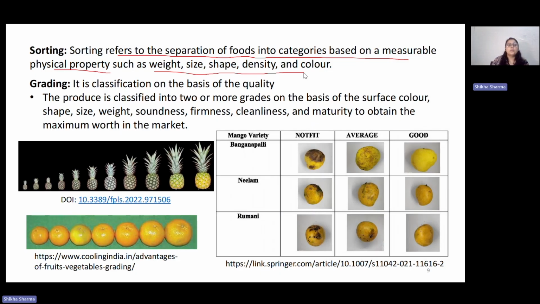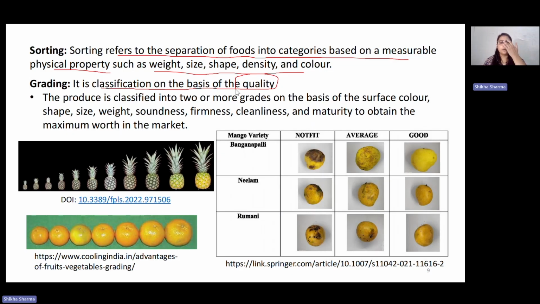So sorting is done on the basis of these measurable physical properties, whereas grading is the classification on the basis of the quality of the product, whether the quality of the product is good or bad. We grade food products, and the different grades can be sold at different prices.